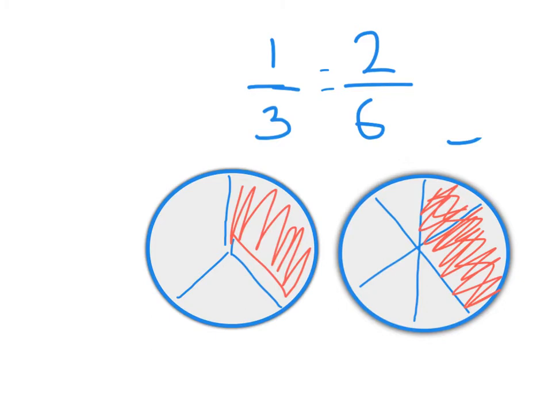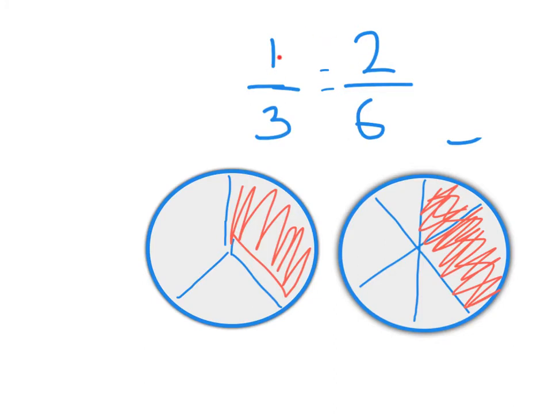Equivalent fractions are always found by using the denominator and the numerator, to multiply or divide those two numbers by the same number, all right? So, for example, here you've got 2/6 and 1/3.